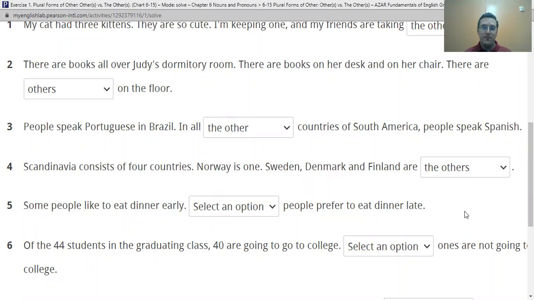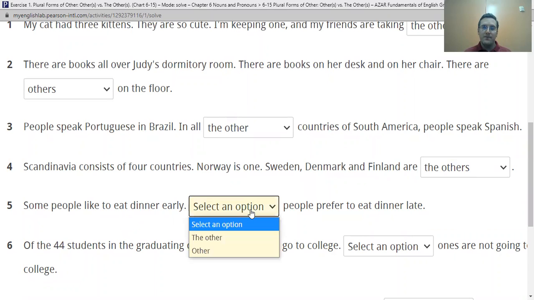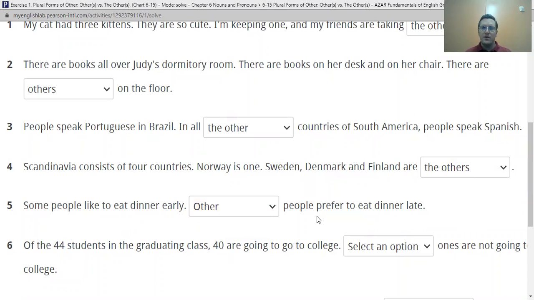That's all of them. Number 5, some people like to eat dinner early. Other people prefer to eat dinner late. So there are many people in this world. Some people like to eat dinner early. Other people prefer to eat dinner late. Maybe some people don't even eat dinner at all.